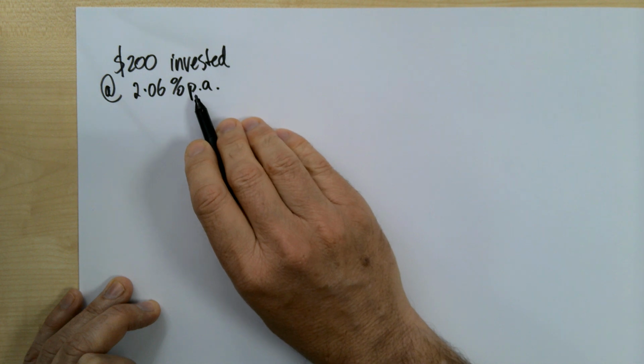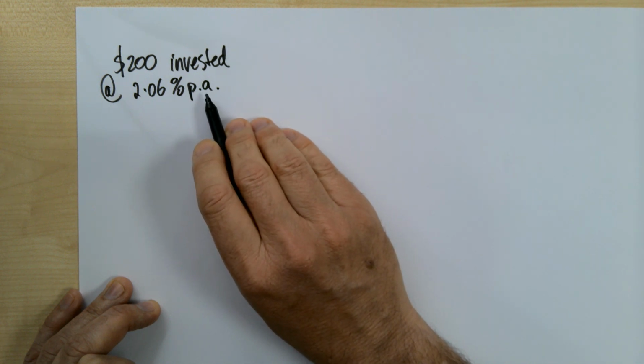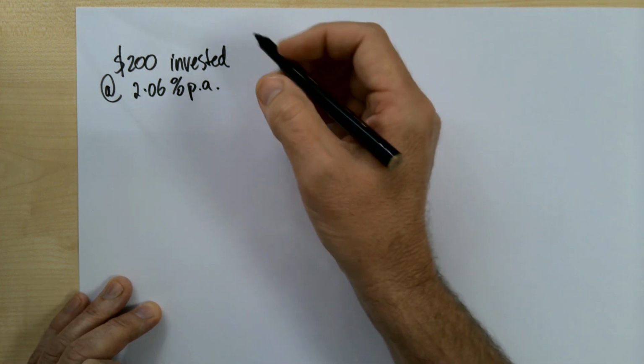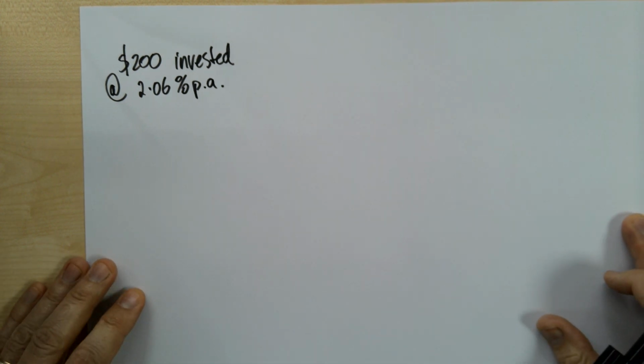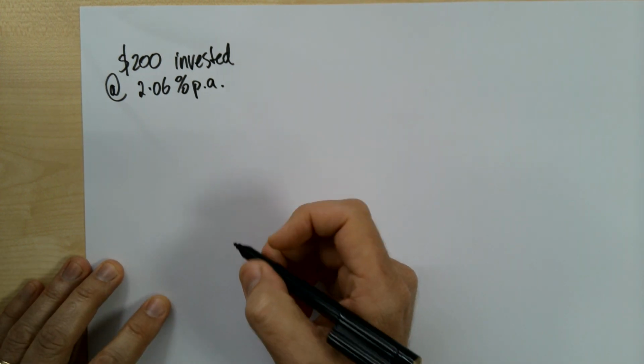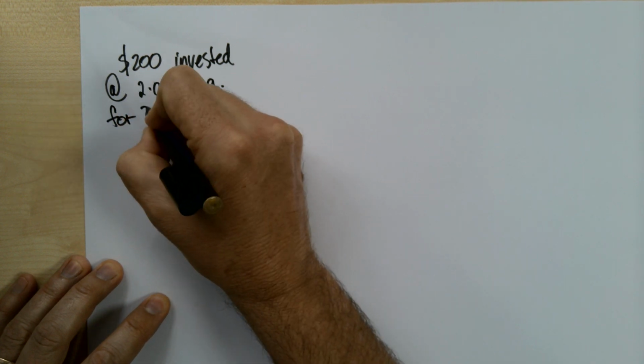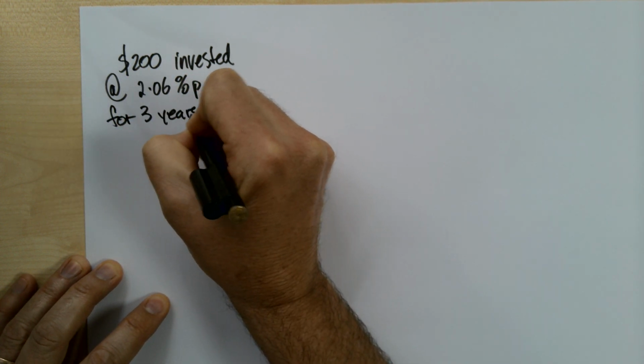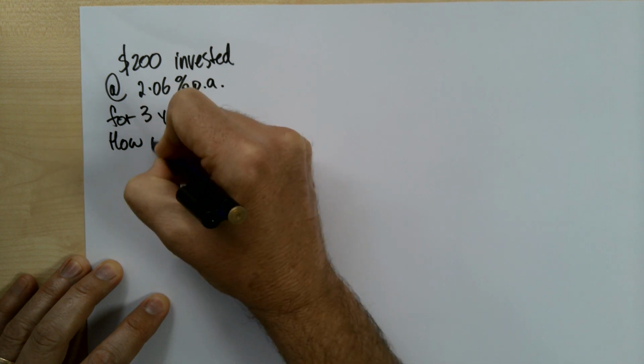I'm telling you now, it's per annum, per year. That was something that happened a lot last year. Don't be fooled by that. I'm not going to tell you that in the test. You need to know that before the test. And it's for 3 years. So the question is, how much interest is earned?